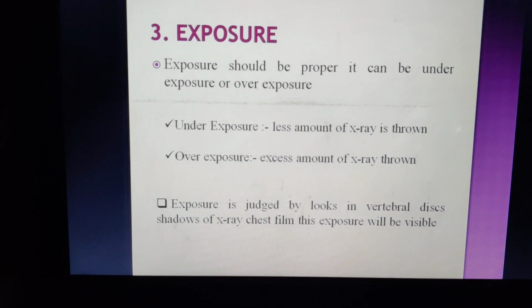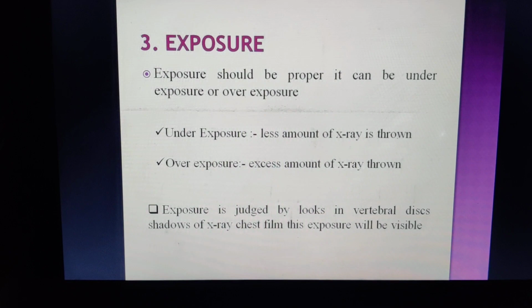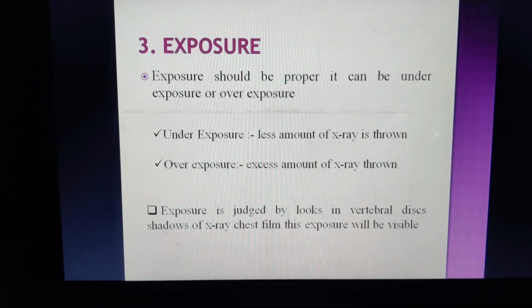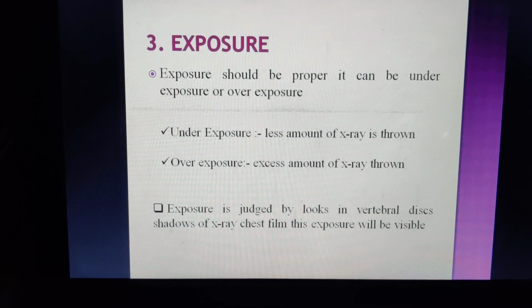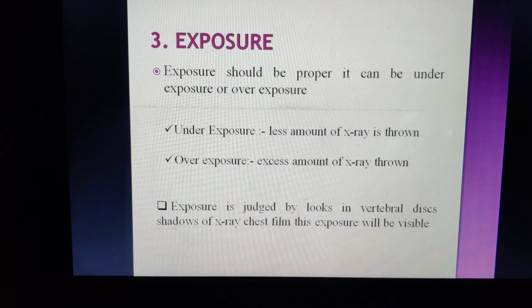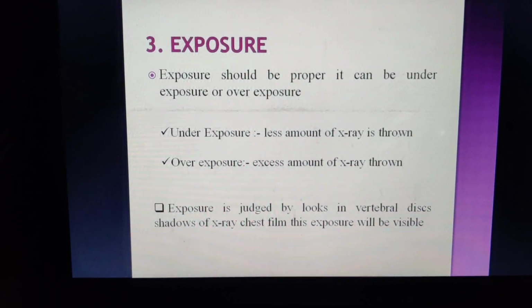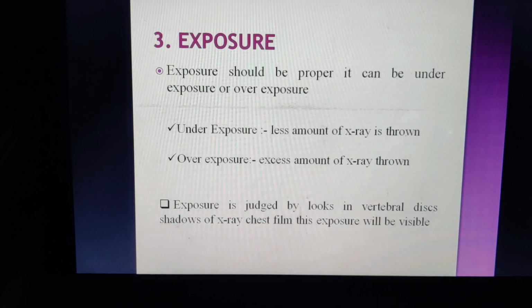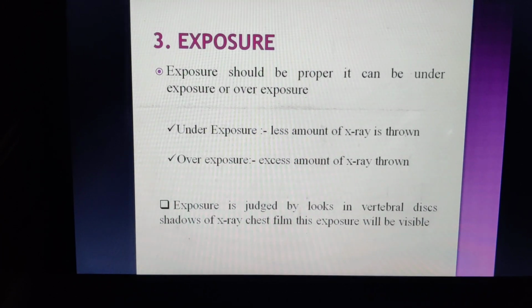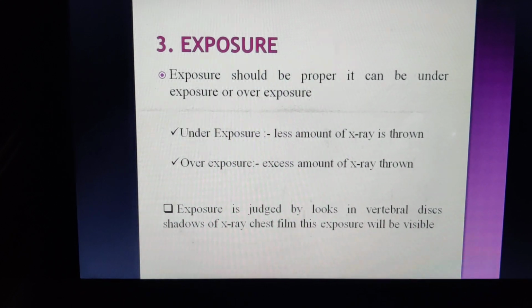Exposure. It should be proper, not underexposure or overexposure. Under exposure, less amount of X-ray is thrown. Over exposure, excessive amount of X-ray is thrown. Exposure is judged by looking at the vertebral disc shadow of the X-ray film. As I told earlier, if the first four thoracic vertebrae are seen and others are hidden by cardiac shadow, it's the normal exposure.